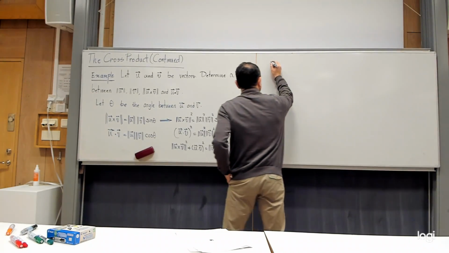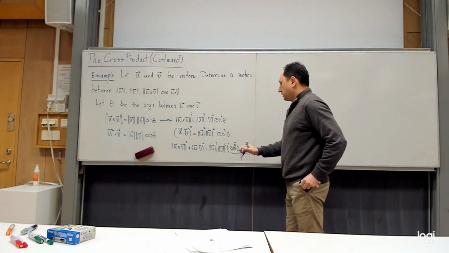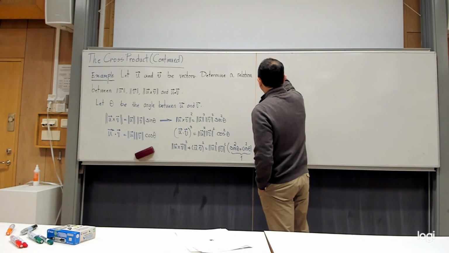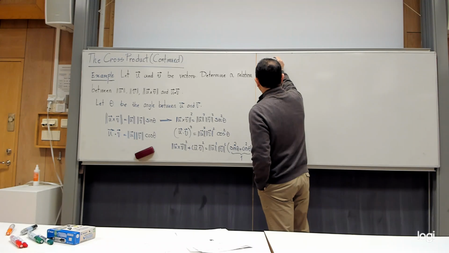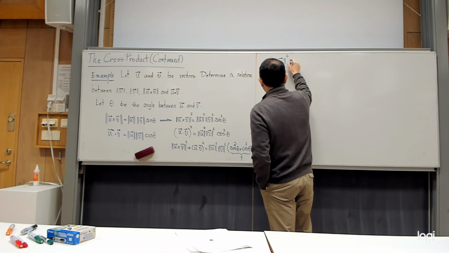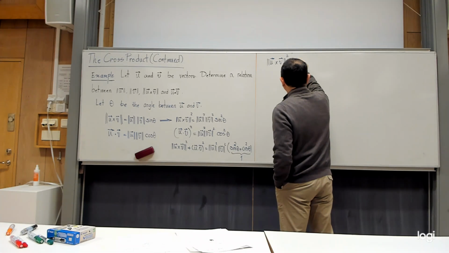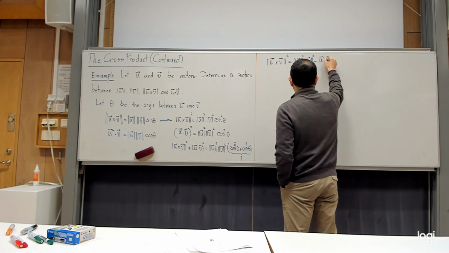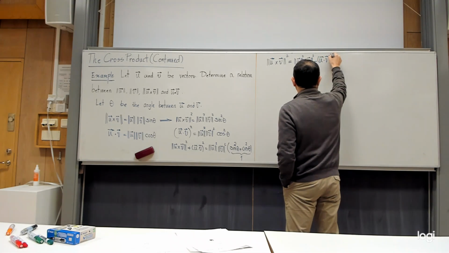Usually people move this to the right, and this is what is called the Lagrange identity. And Lagrange is actually a French mathematician.